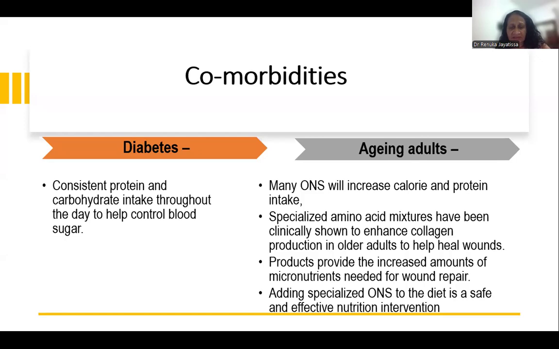And the other thing is micronutrients, which are very much needed for wound repair, not only the ones I mentioned but also copper and other minor minerals, because they might get subclinical deficiencies. So they might need some specialized oral nutrition supplements for effective wound healing.